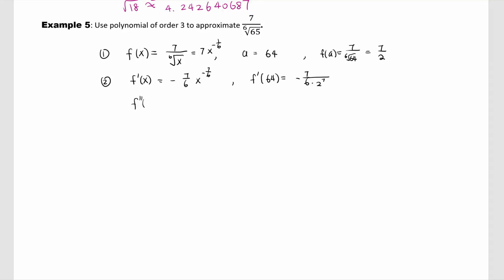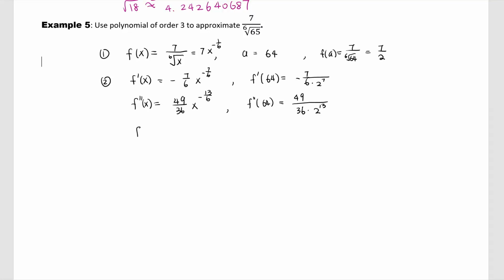Okay, how about the second derivative? We multiply by negative 7 over 6, so we get 49 over 6 times 6, which is 36, times x to the minus 13 over 6. So for the second derivative, when we plug in 64, we get 49 over 36, and the 6th root of 64 is 2, so 2 to the 13.